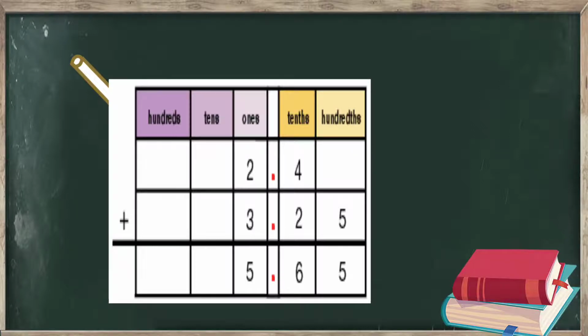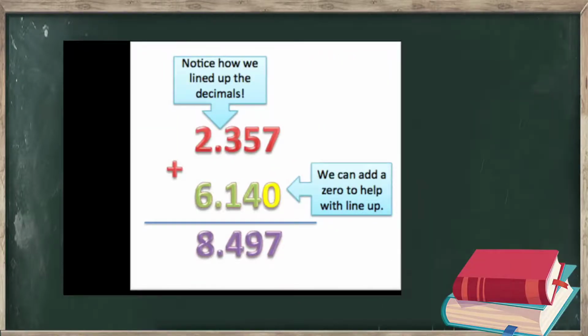Okay. Now moving ahead. Here I will explain how you have to write the digits. As you can see, it is given 2.357 and the second number is 3.140. You can notice how we have lined up the decimals.